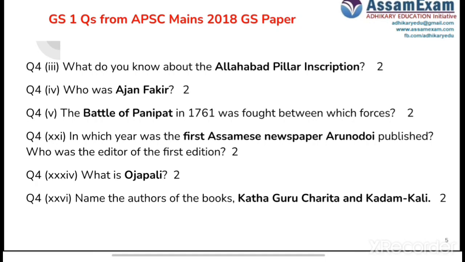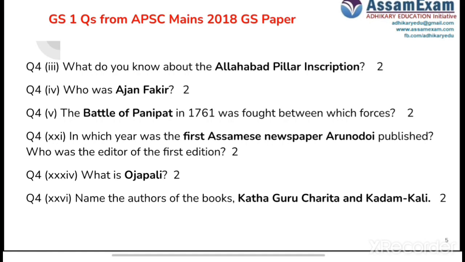The next question is about who was Ajahn Fakir. You may be knowing he was a religious personality from Assam. Like that, some other religious reformers from medieval period are also there, like Shankardeva and others from all over India.